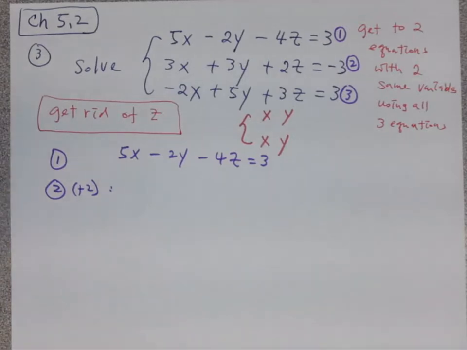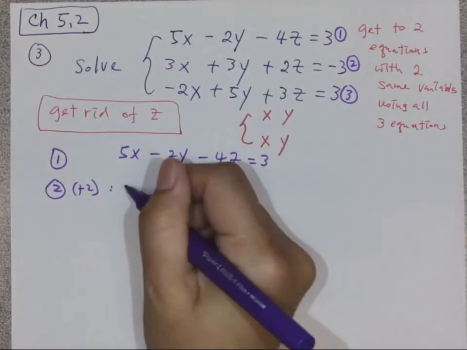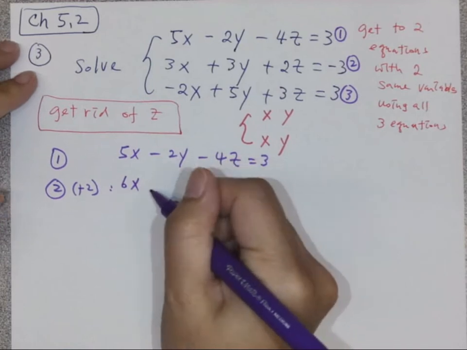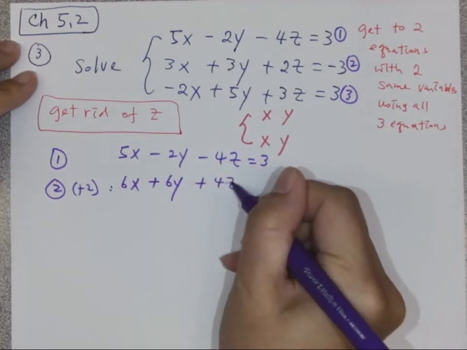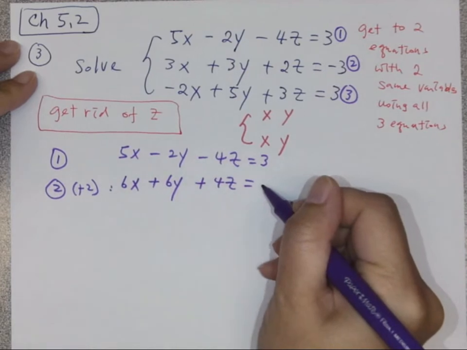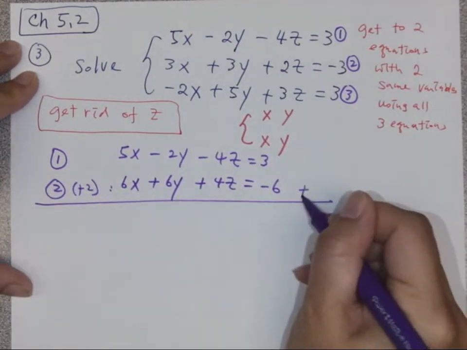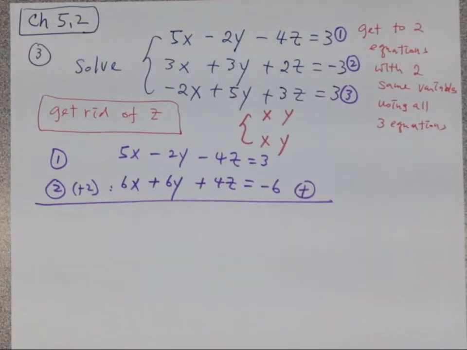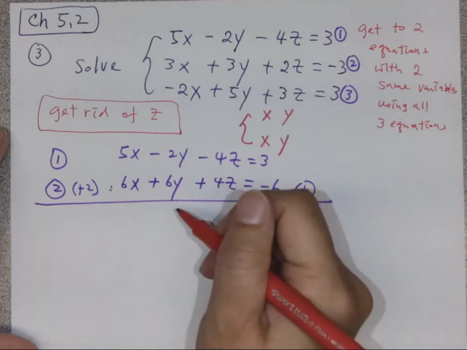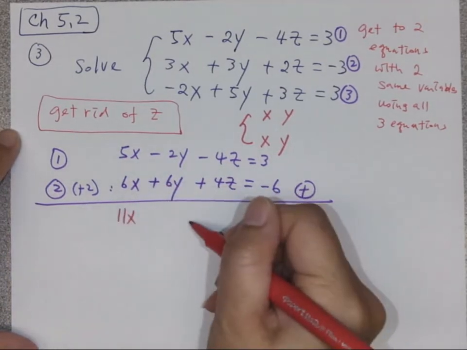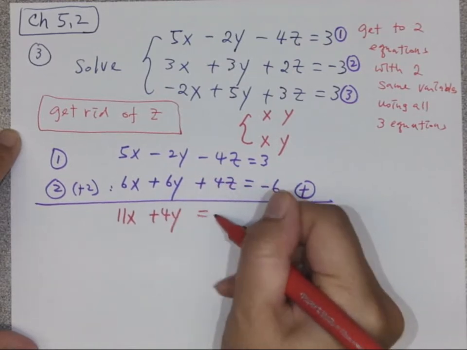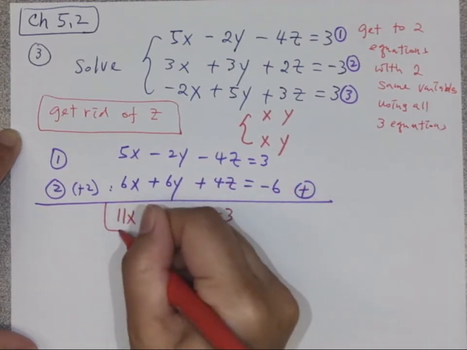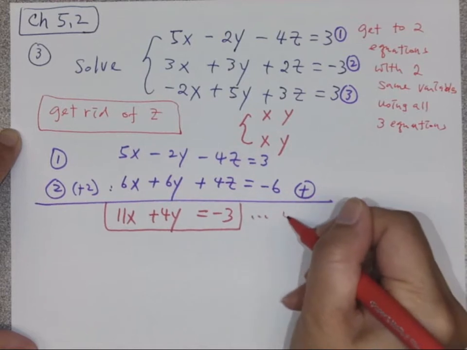Times 2, so we have 6x plus 6y plus 4z equal to negative 6. So combine them together, what do we get? 11x plus 4y equal to negative 3. So we're going to call this equation 4.